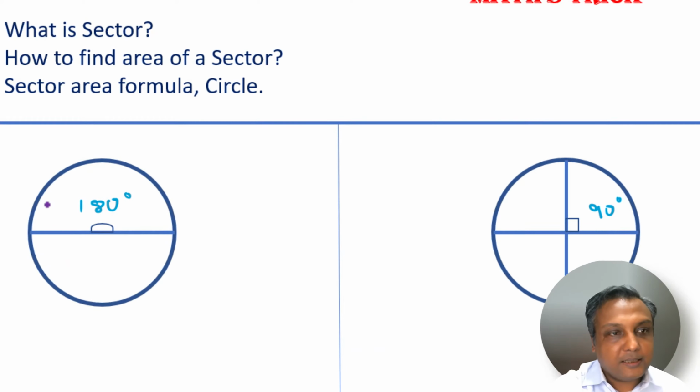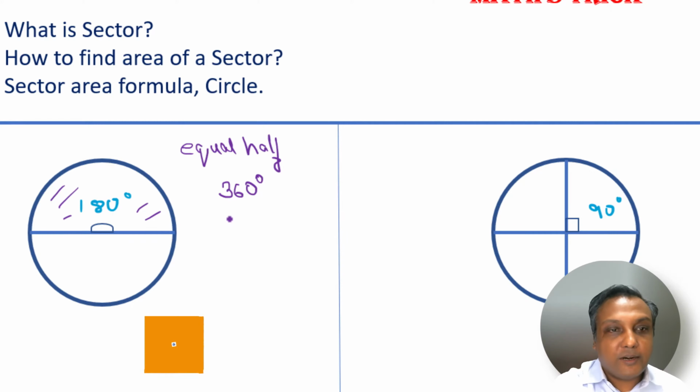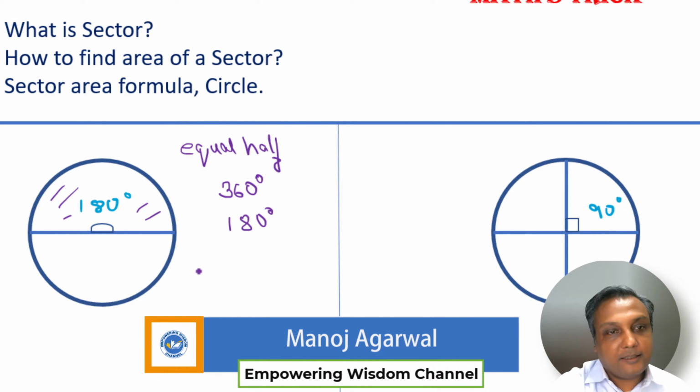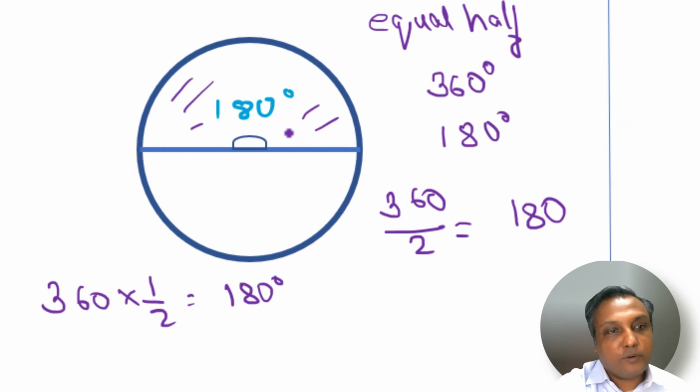The present figure gives us an idea that the circle is divided into equal halves, because a circle consists of 360 degrees, and over here in this sector we are getting 180 degrees. 360 divided by 2 is equal to 180 degrees, or we can even write it like 360 into half is equal to 180 degrees, and over here we have been given that the value of this sector is 180 degrees.